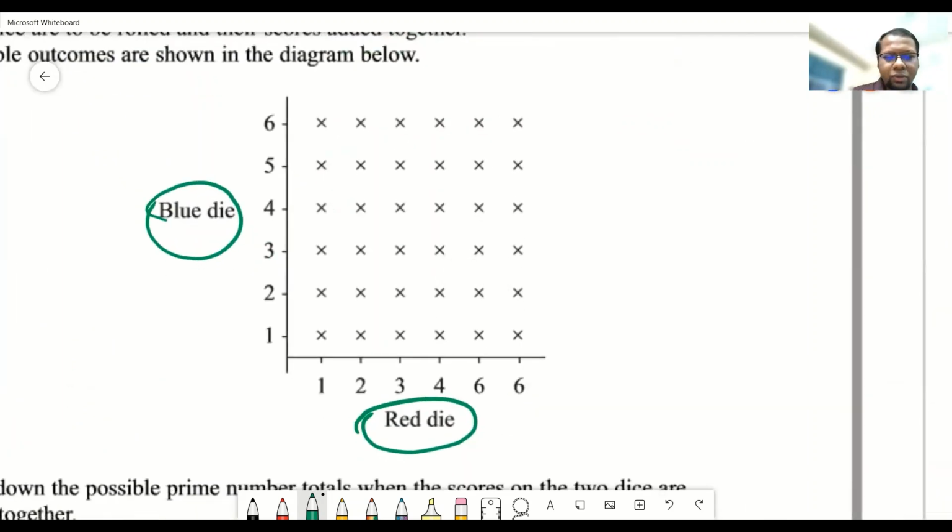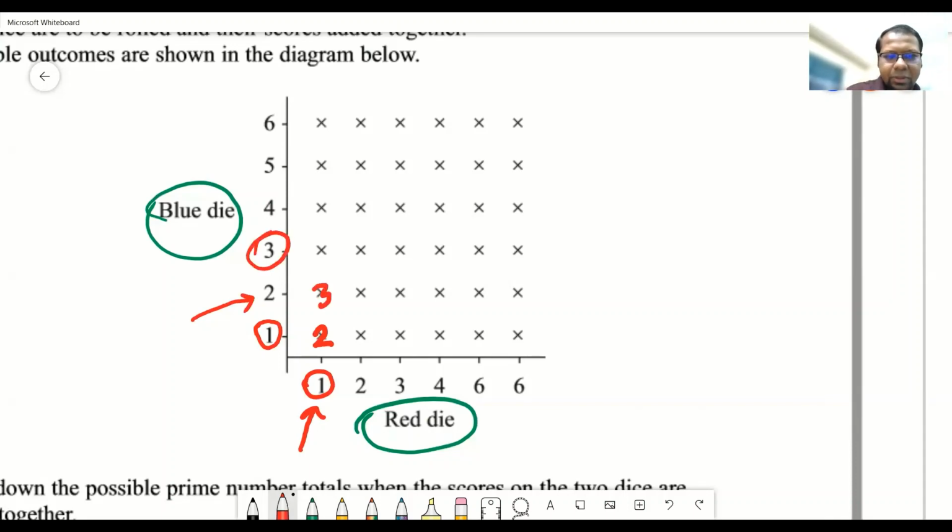What do we have to do? We have to add the numbers. You have rolled the blue die and the red die. Say for example, you have got 1 from both the dice. So 1 plus 1, it will be 2. Or it can happen that you get 1 from the red die, but 2 from the blue die. So what's the result? 2 plus 1, 3.